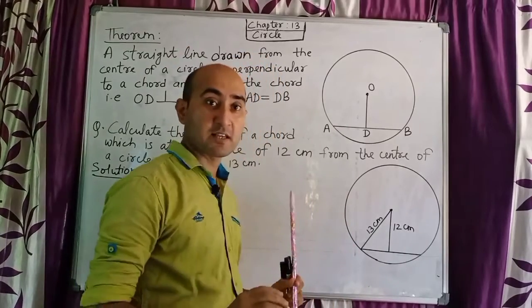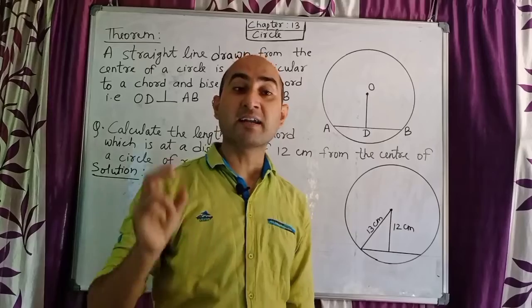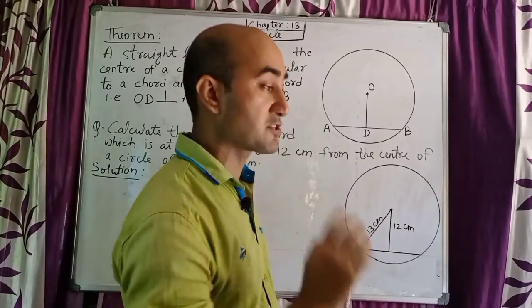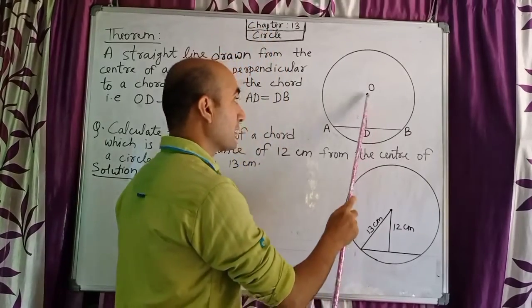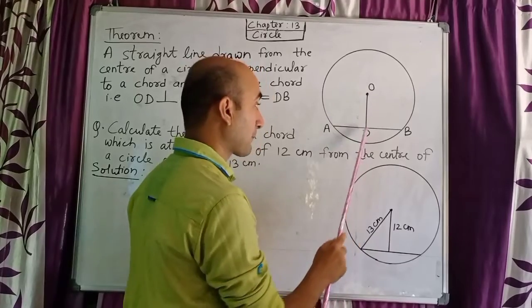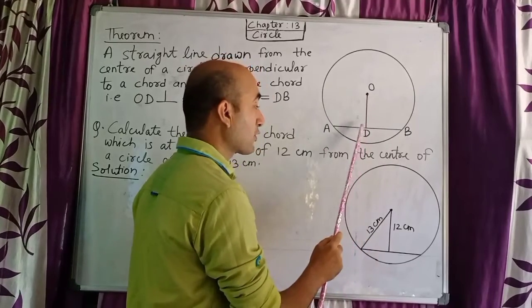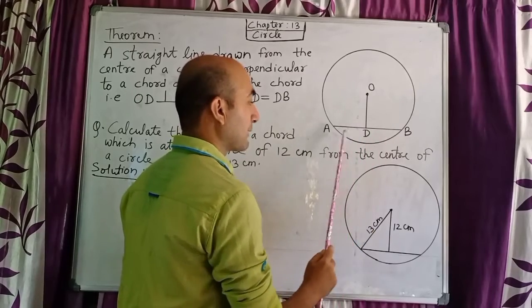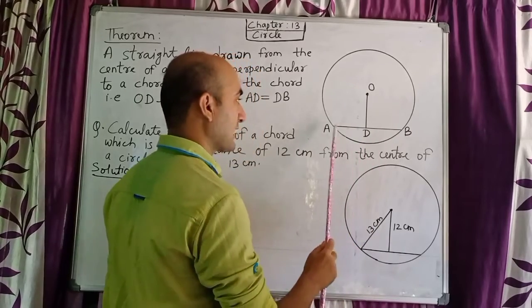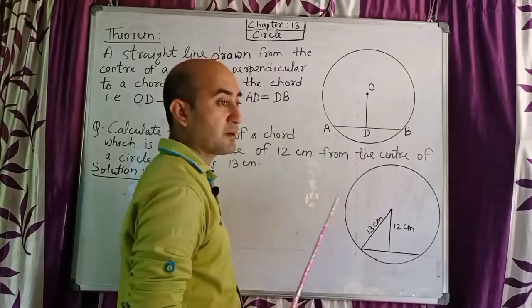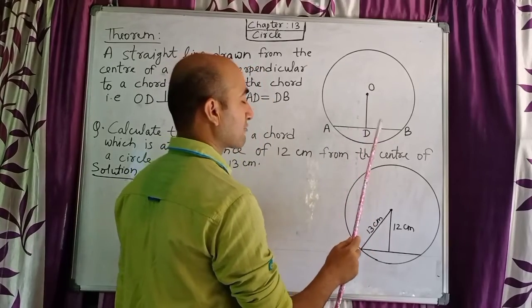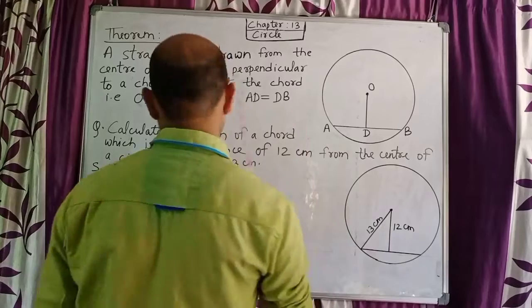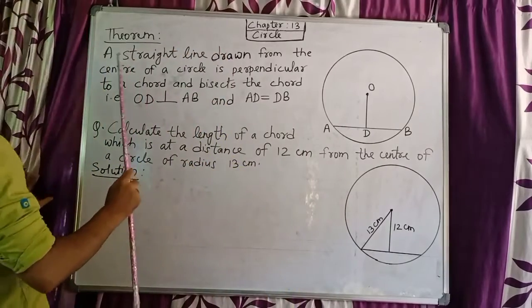Now bisects means the chord is divided equally into two halves. That means the first condition is it is perpendicular to AB, and at this point D, it divides the chord AB equally into two halves. That means if it is 10 centimeter, it will become 5 centimeter, 5 centimeter each. That is what is said in the theorem.